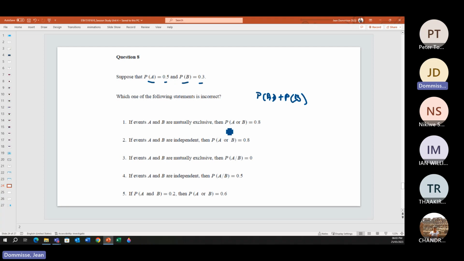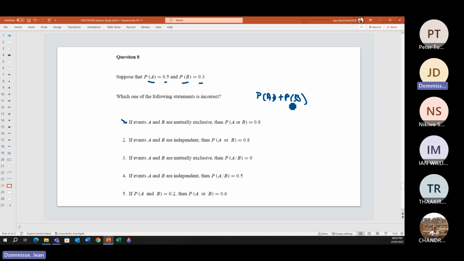So if it is mutually exclusive, that is correct. If events A and B are independent, then A or B will be 0,8. Again, let's see.